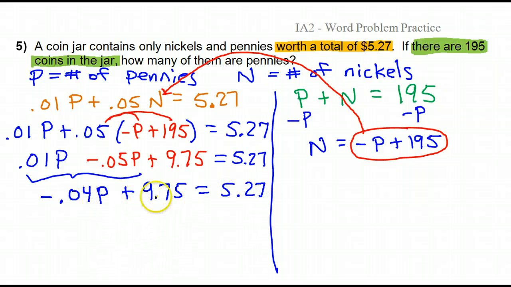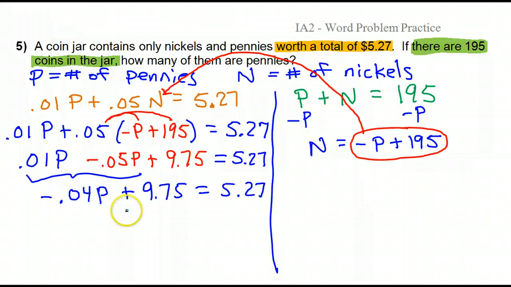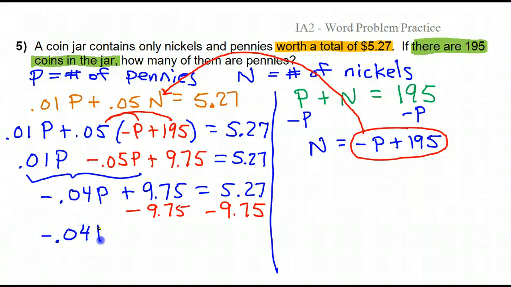Got to get this p by itself, so got to subtract this. Okay, so these are gone. So 5.27 minus 9.75, that's going to be negative 4.48.